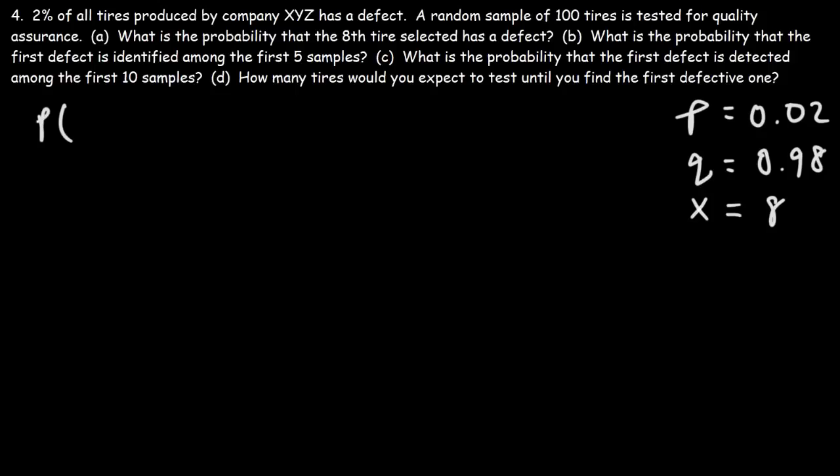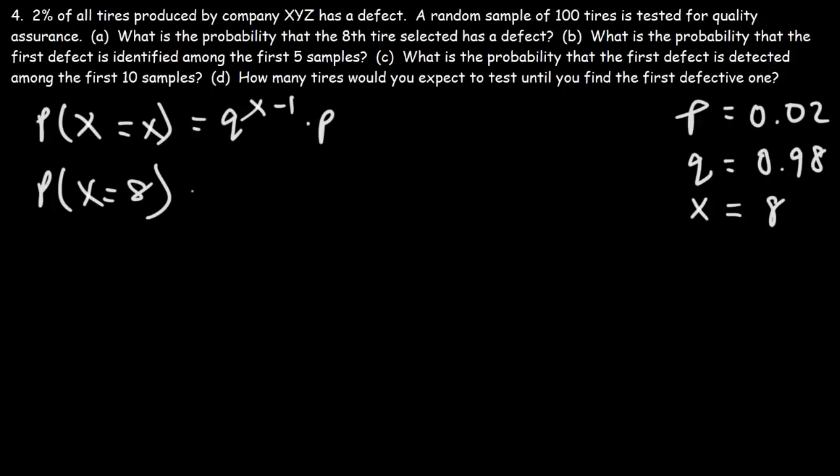So let's write the formula. So we need to find the probability that X is equal to 8. Q is 0.98 raised to the X minus 1, or 8 minus 1, which is 7, and P is 0.02.